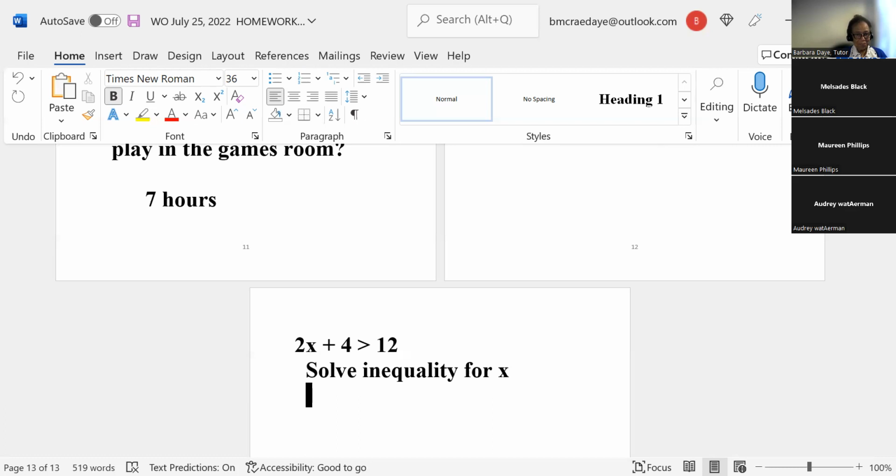Audrey, you got it? It's 2x plus 4 greater than 12. So solve that inequality for x. What do you get? Maureen, you got it? Anybody solve it? Mercedes, you got it?